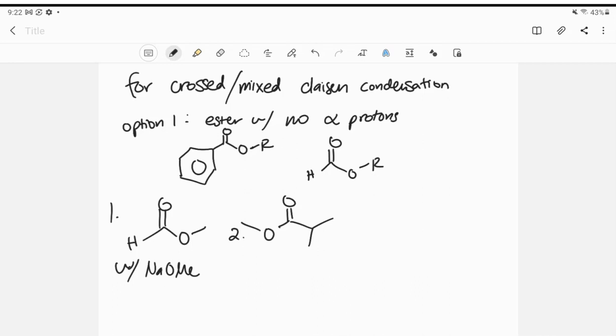So if we want to do a crossed Claisen, we want to have one of our substrates not have any alpha protons. That's the first option we can do. And if we choose this option, then we put the one without any alpha protons in first with the base. And then we're going to slowly add this one in.